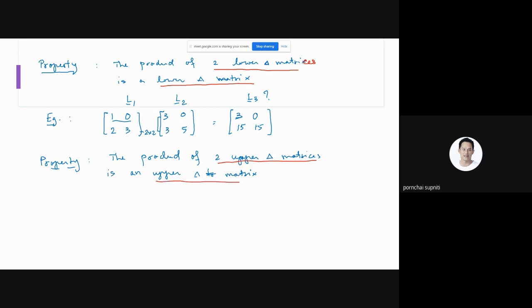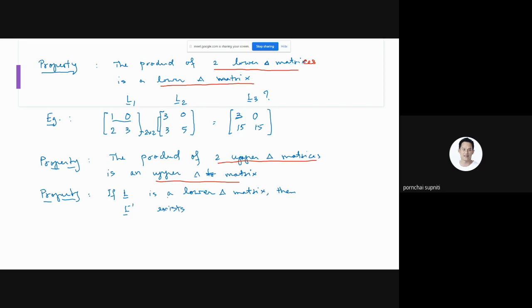Also, what are other important properties? What is so important about lower triangular matrices or upper triangular matrices? I'll give you an example later. If L is a lower triangular matrix, then L inverse exists.